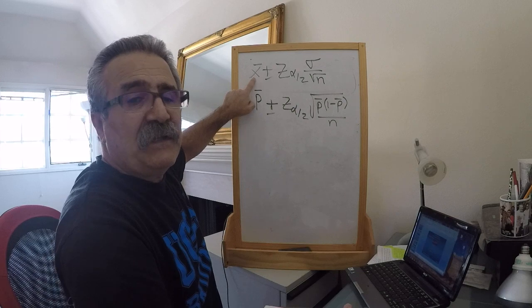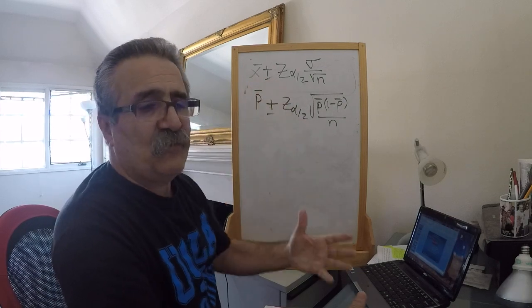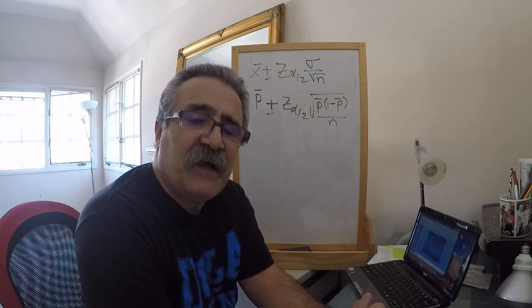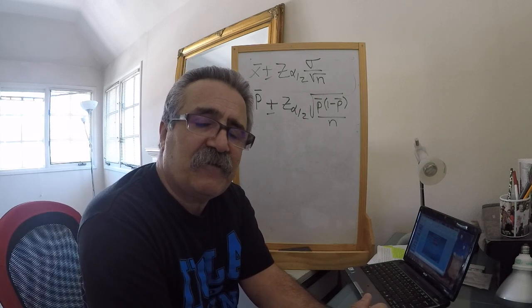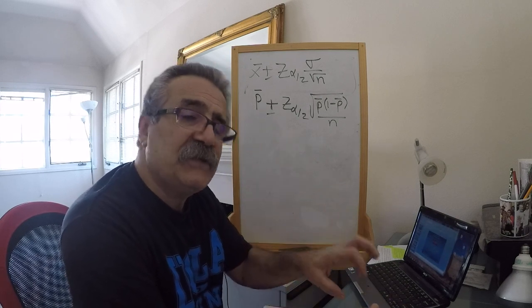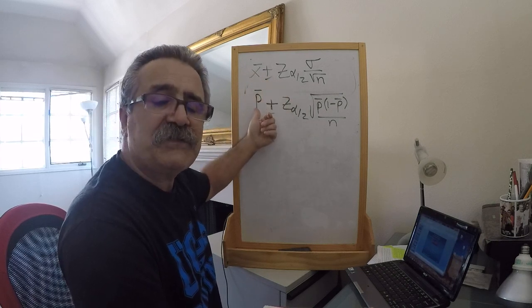This is sample mean, this is sample proportion. And then, if we did a 95% confidence interval, we say that we are 95% confident, or 95% sure, that our population proportion is going to be within this range of our sample proportion.